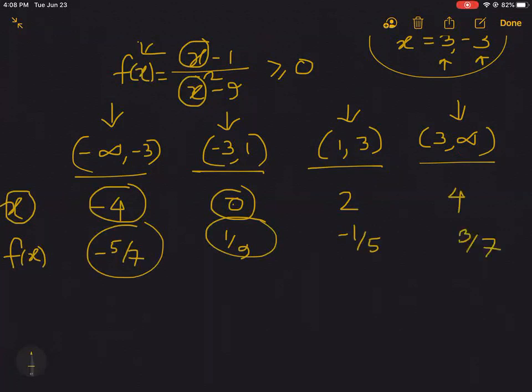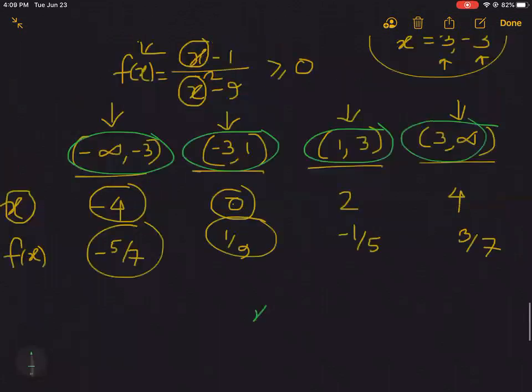Now, how can we find the intervals for which this inequality will hold? We know the intervals. Now we need to pick the intervals for which the inequality holds.